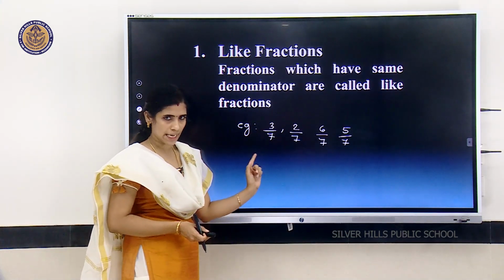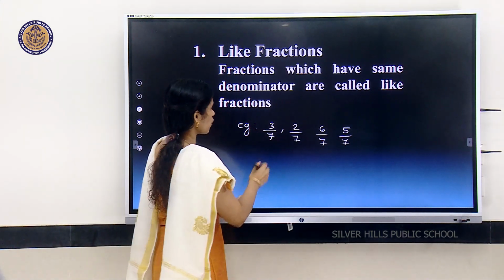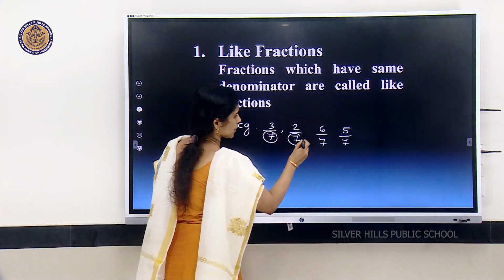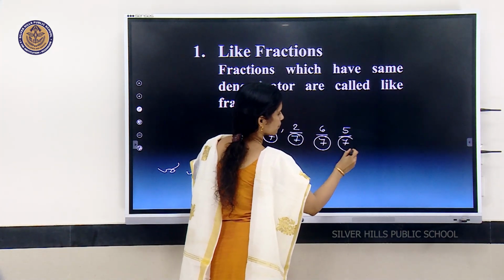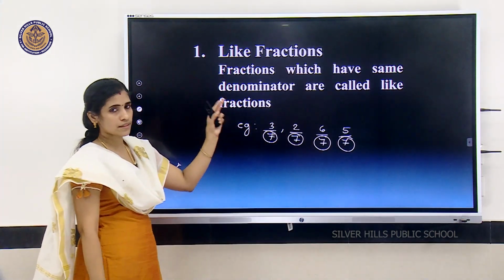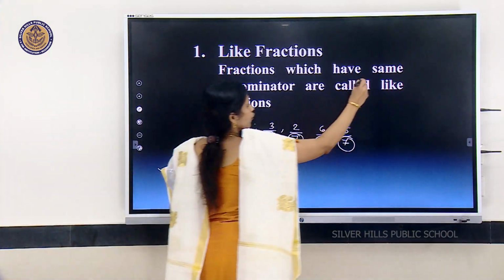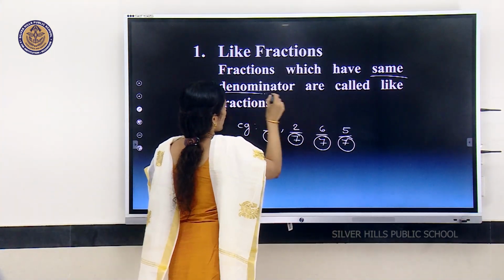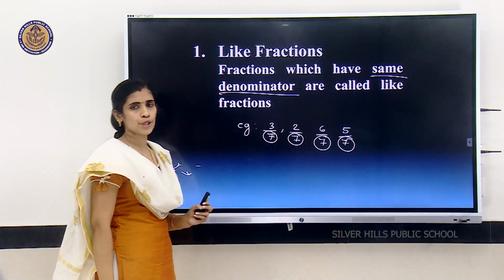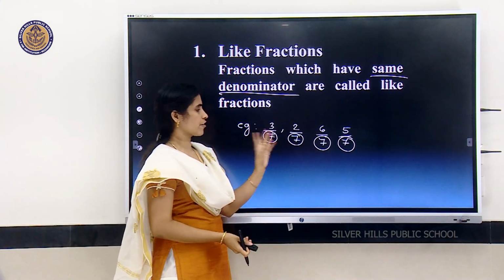Here in all these cases the denominator is 7. The denominator is the same. So fractions which have the same denominator are called like fractions.